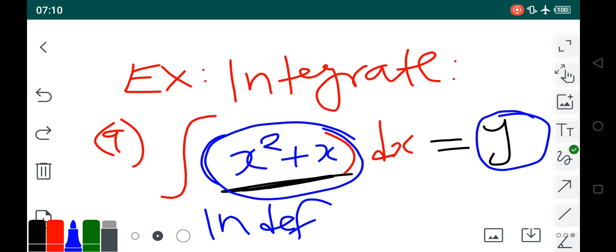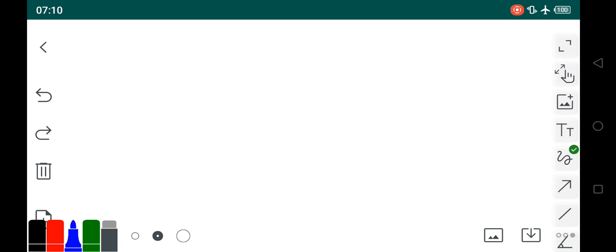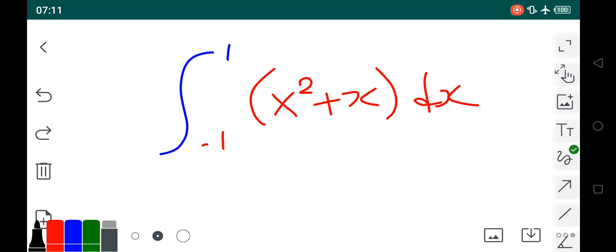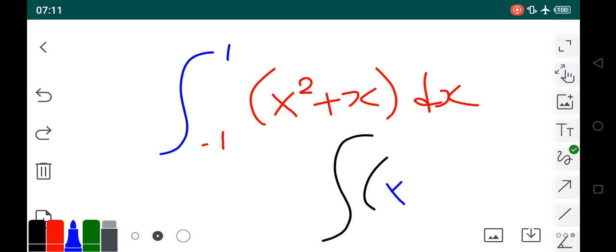It is indefinite because we don't actually know the lower limit and the upper limit. If I had an upper limit of 1 and a lower limit of -1, it's different from having something like just this: x squared plus x, and then dx.